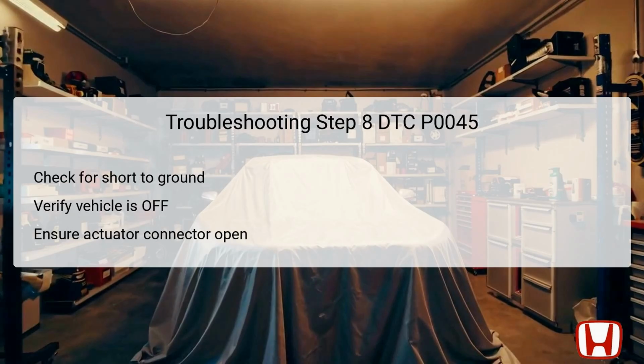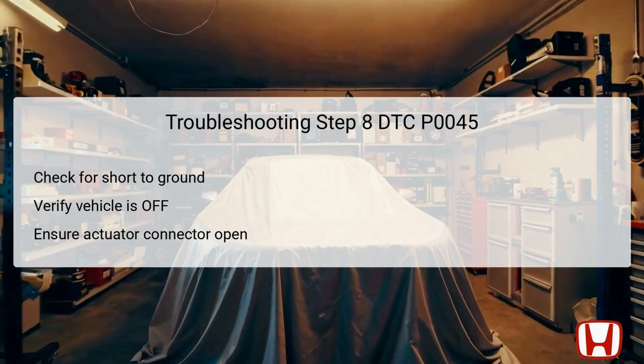The final troubleshooting step for DTC P0045 examines the wastegate control actuator for potential shorts to ground. With the vehicle in the off mode and both the PCM and turbocharger connector disconnected, check for continuity between the turbocharger's connector terminals.